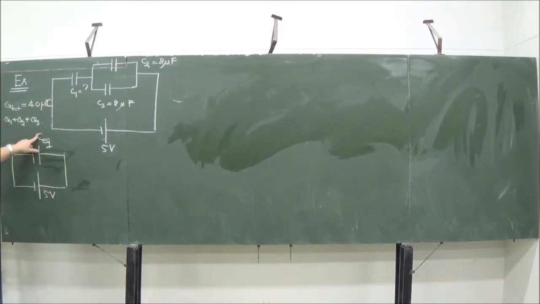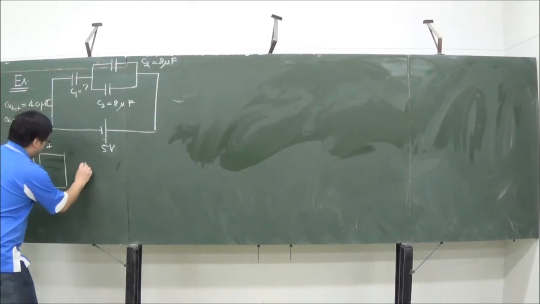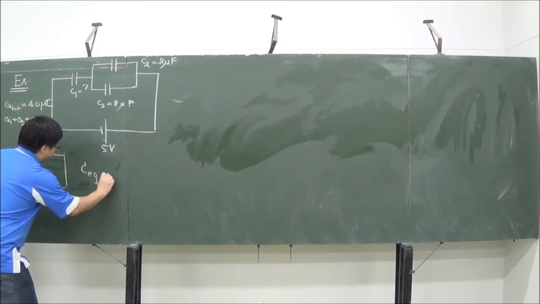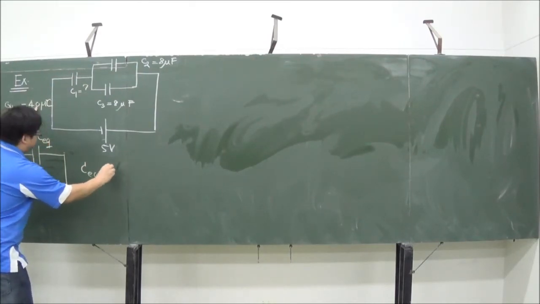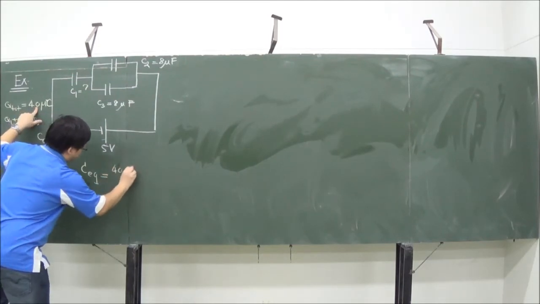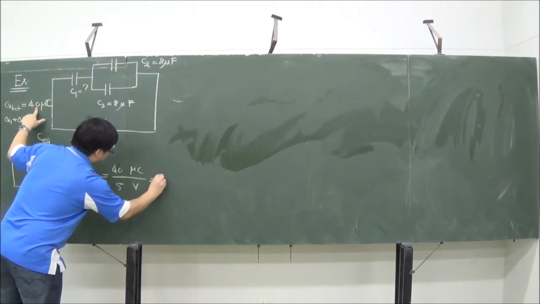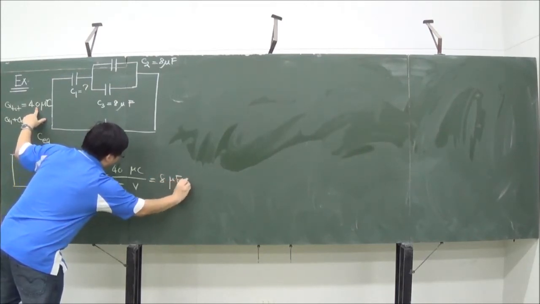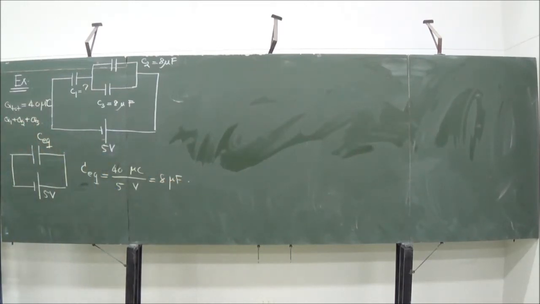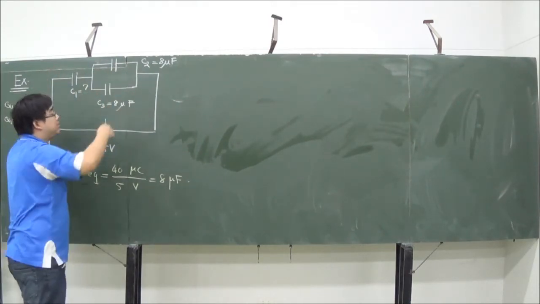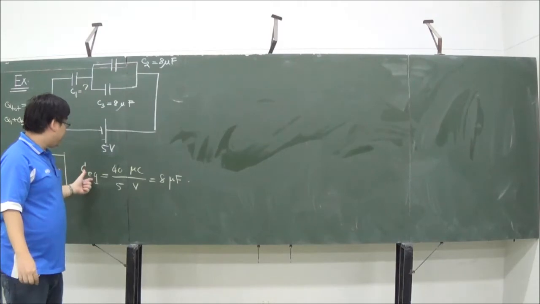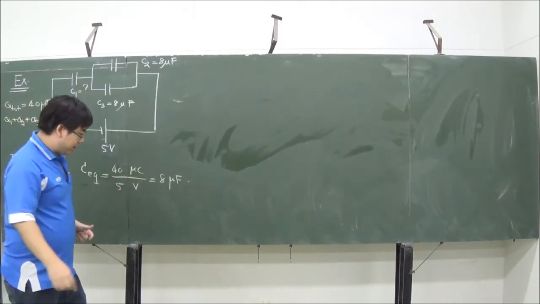So in this case, we know that the total system can hold the charge of 40 microcoulombs. So the equivalent capacitance will be Q, which is 40 microcoulombs, divided by 5 volts, and this gives you 8 microfarads. So we want the total capacitance here to give the equivalent capacitance of 8 microfarads.